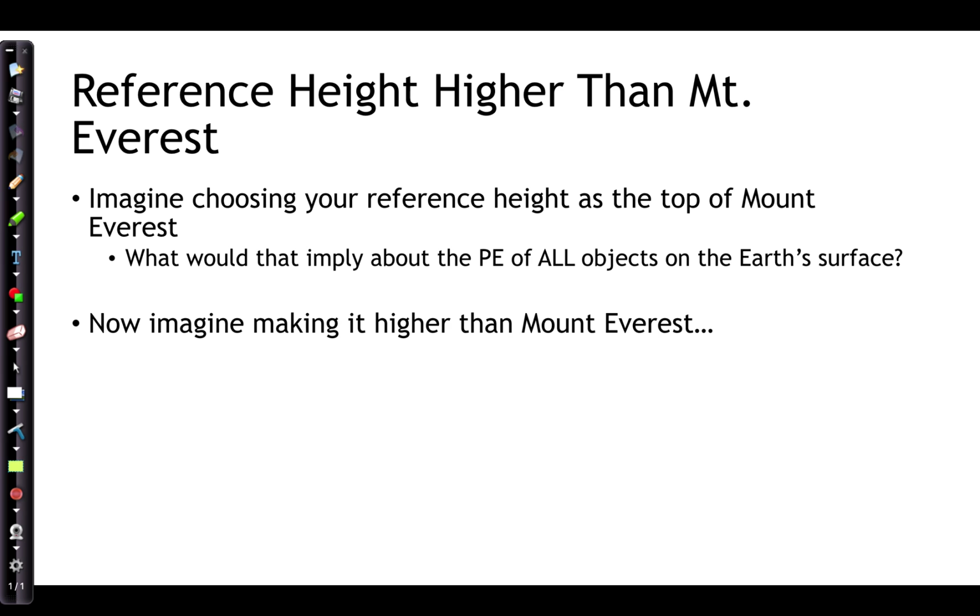We move h equals 0 higher than Mount Everest, farther than the moon, farther than the sun from the Earth, farther than the center of our galaxy from the Earth. Why would we do that?